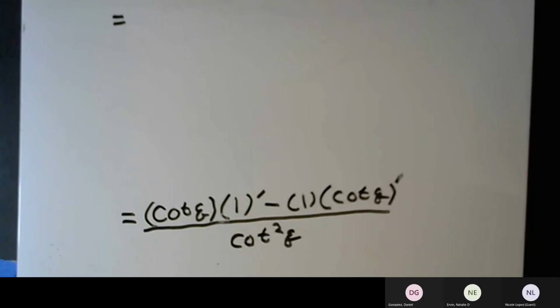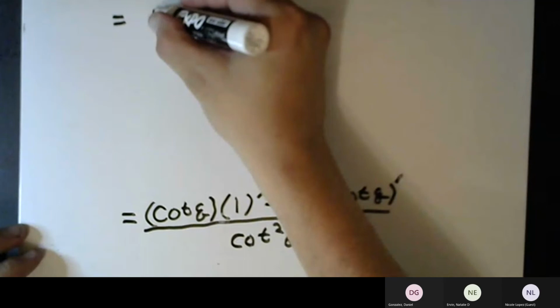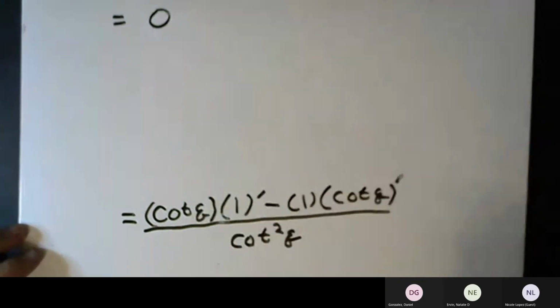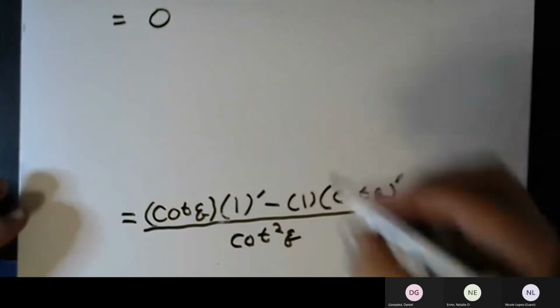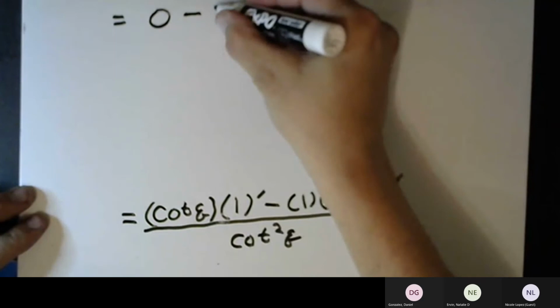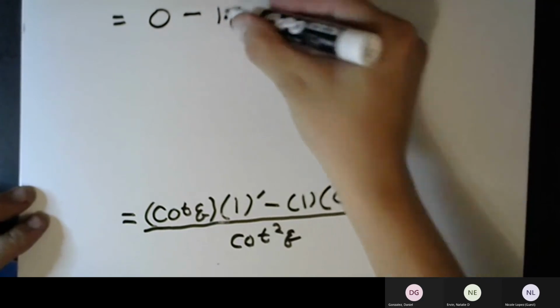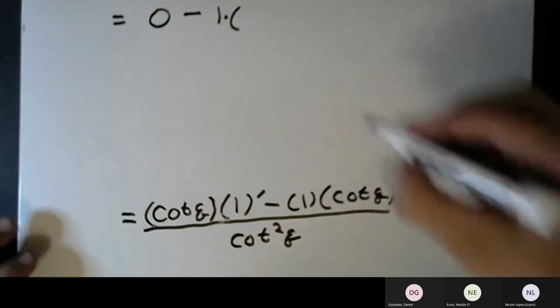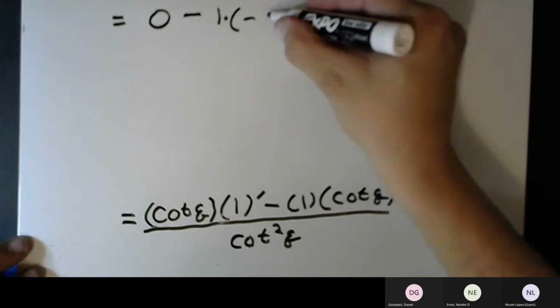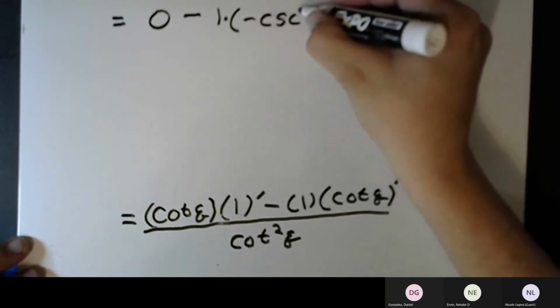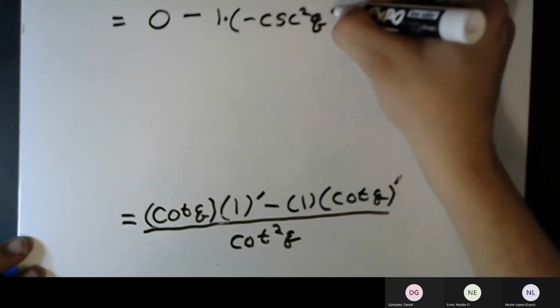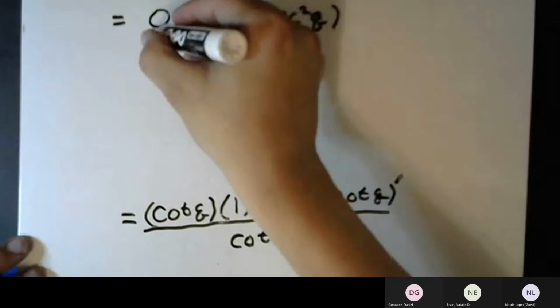What's the rate of change of something constant? Well, there is no rate of change if it's constant. That's going to be 0 times cotangent q, which is 0, minus 1 times the derivative of cotangent. Again, you look on that little chart or cheat sheet: negative cosecant squared q.